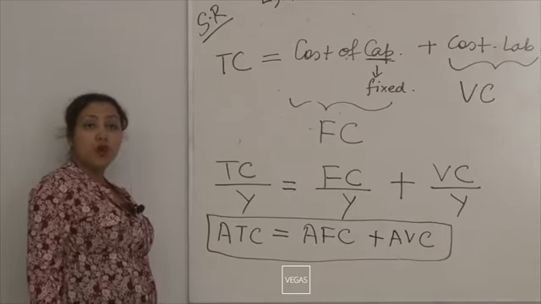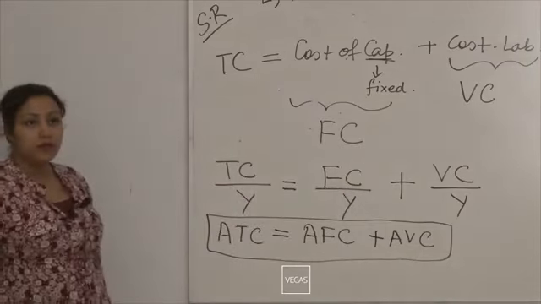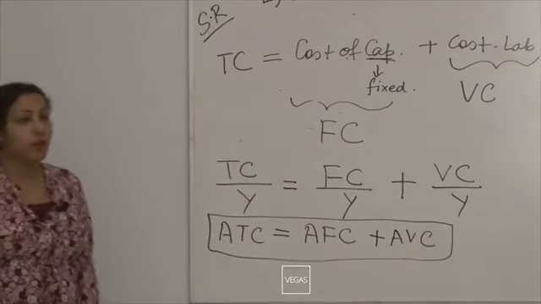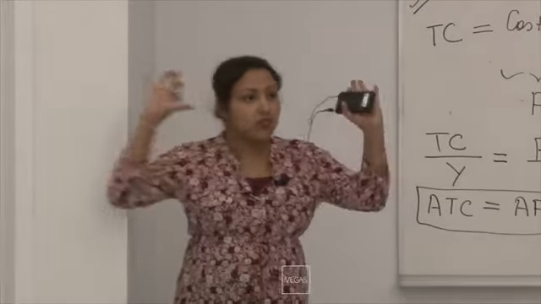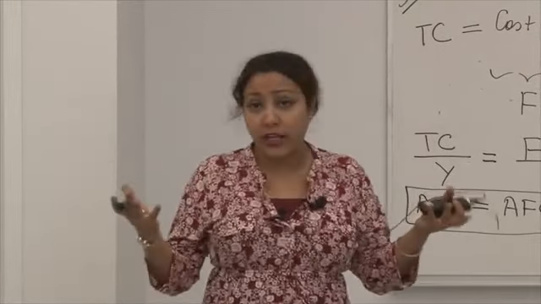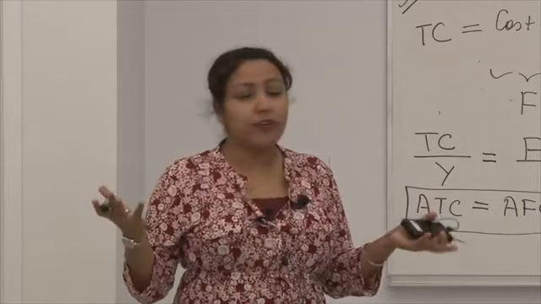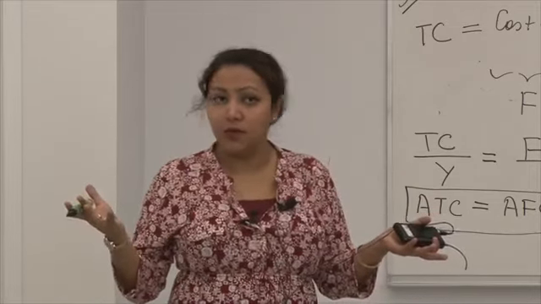If I produce more y, what happens to just the numerator, FC? Stays the same. Will all of you agree? Because FC is just the cost of capital, right? So, if I produce more and more output, I cannot do anything to the capital. My number of machines is still the same. So, my fixed cost must be the same, correct?